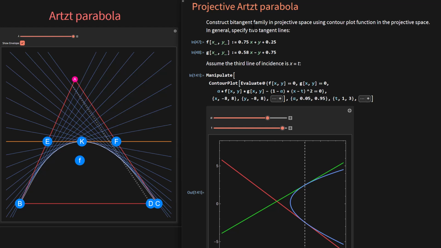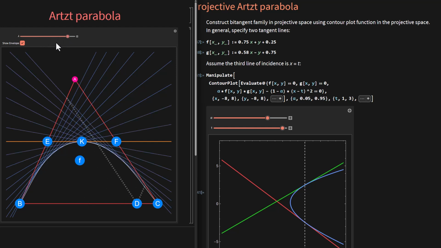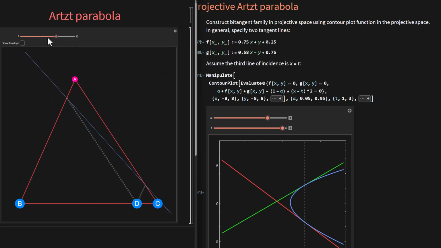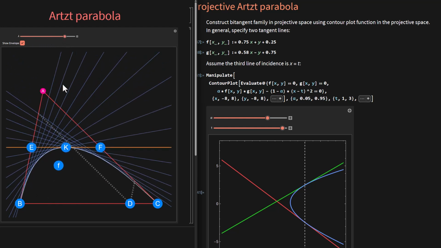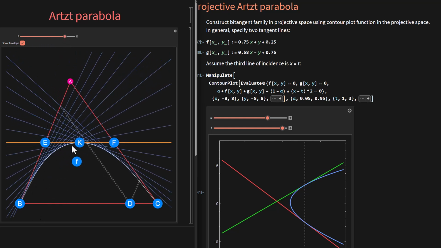And this also sometimes works for curves, especially for conic curves, or curves with degree 2.